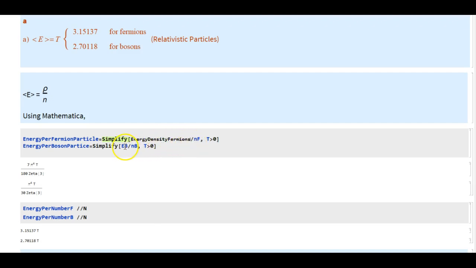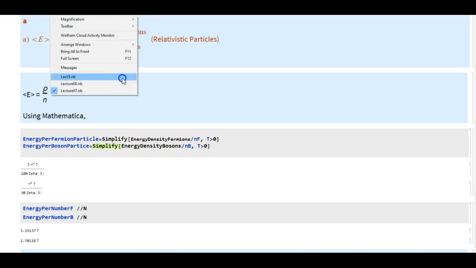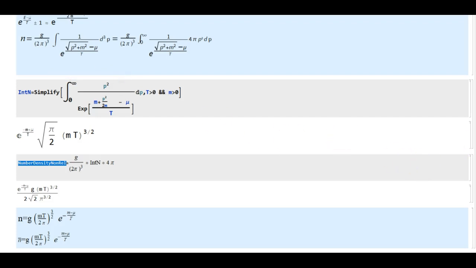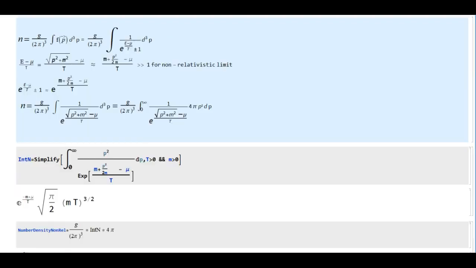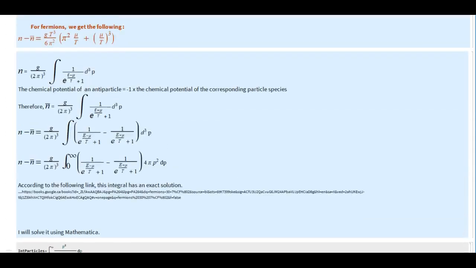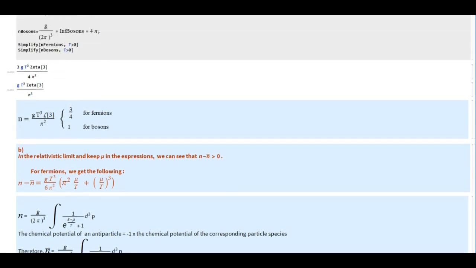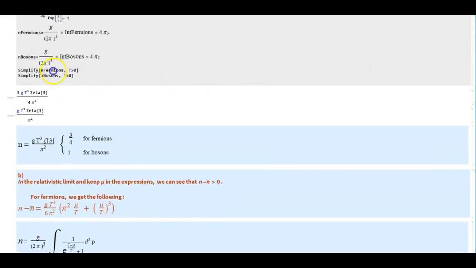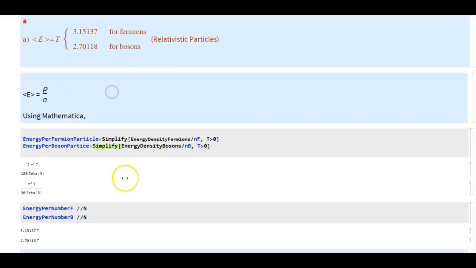Then n fermions is the number density of fermions, which I derived in my previous videos, and n bosons.